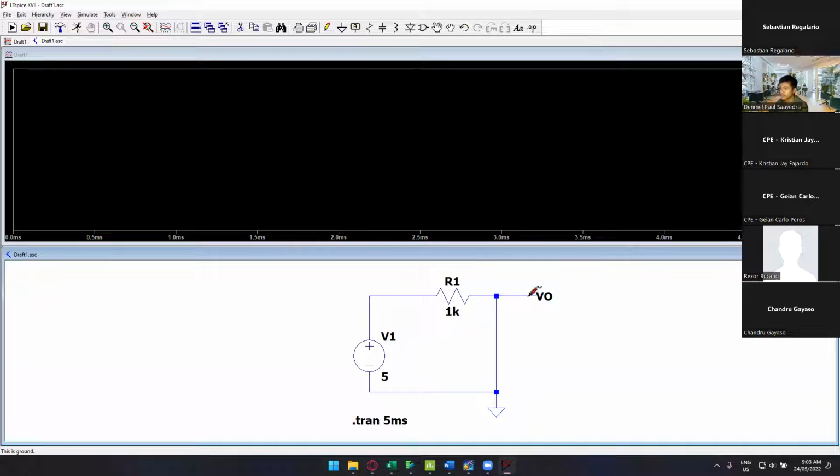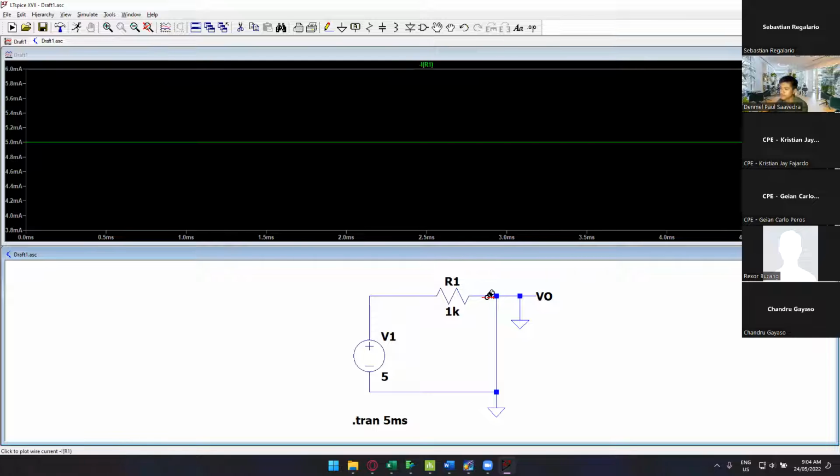Let's measure again. Still the same? But we do have a current here. I'm going to just measure the voltage. I don't know if this is a limitation of the simulator, or maybe it cannot measure that because we don't have a resistor right here.